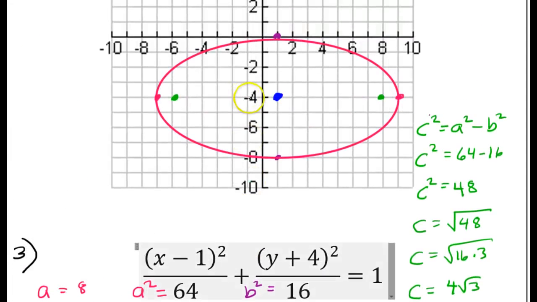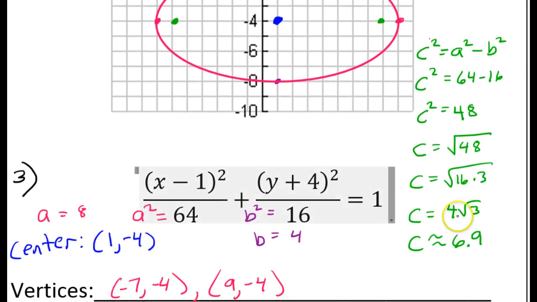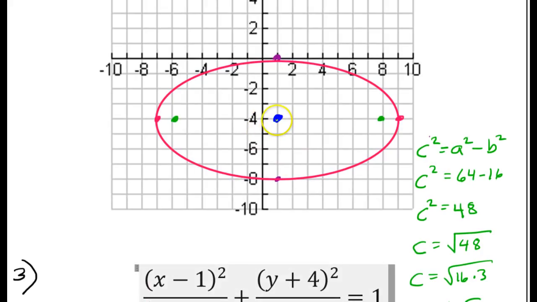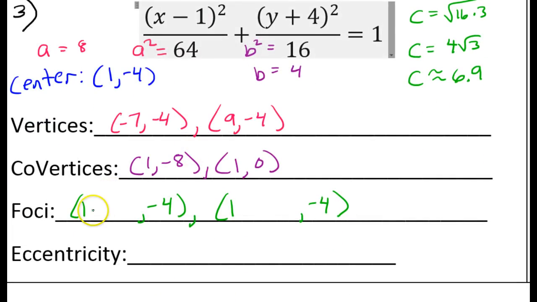So if I start at 1, to get to this focus, I'm moving to the left. Or you could think of it as subtracting a certain amount. Well, guess what? I'm subtracting 6.9. I'm subtracting 4 radical 3. So I started at 1, and I'm going to the left, so I'm subtracting 4 radical 3. So the x-coordinate then is 1 minus 4 radical 3.